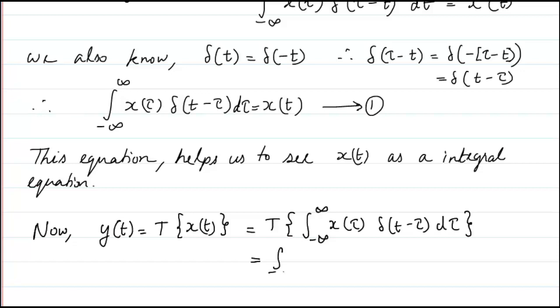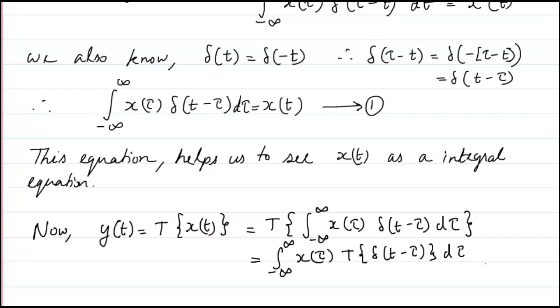I can write the integral from minus infinity to infinity of x of tau, with d tau also taken outside, and then the transformation of delta of t minus tau. Correct? So now the transformation is acting only on the function which has t, no tau. So only delta of t minus tau.